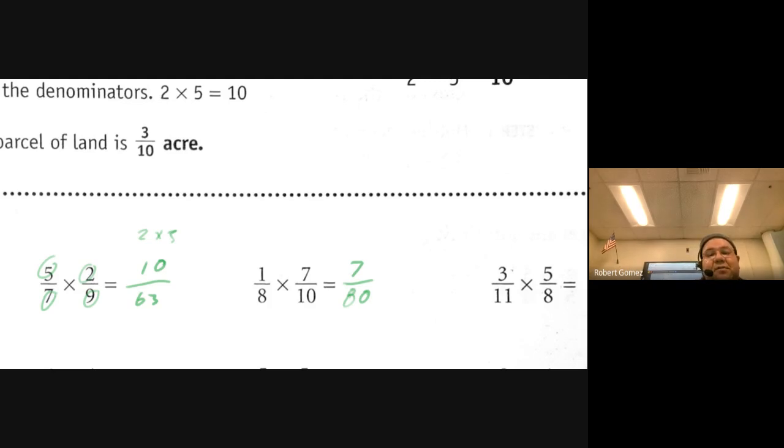So 3 times 5 is 15. 11 times 8 is 88. So now that's our answer. Can't really reduce that.